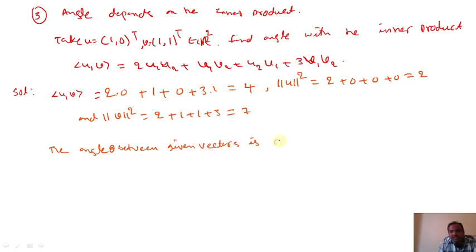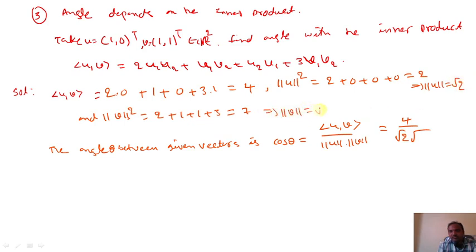is cos theta equal to what, the inner product u comma v divided by norm u into norm v. This is the formula. This is equal to inner product u v, that is 4, divided by norm u. Norm u square is 2, norm u is root 2 and norm v is root 7.